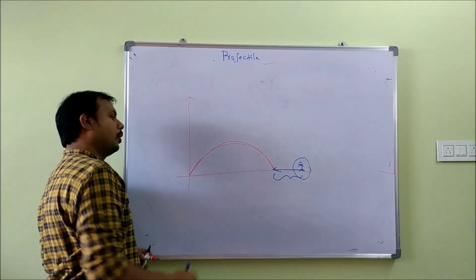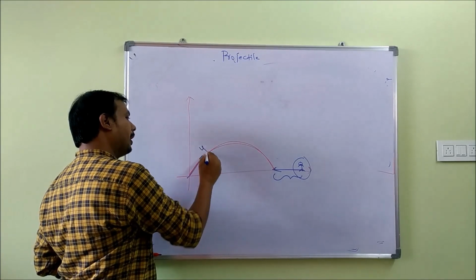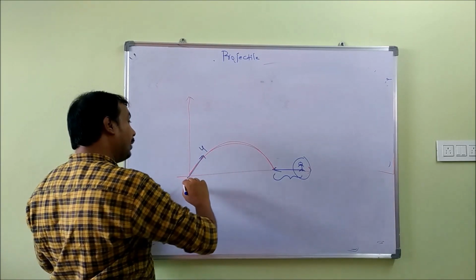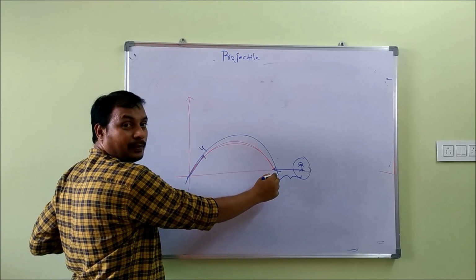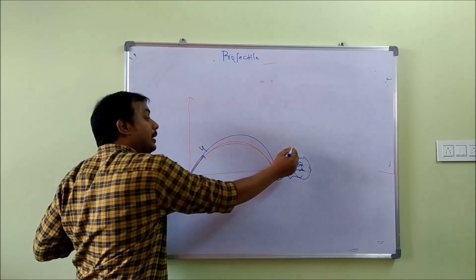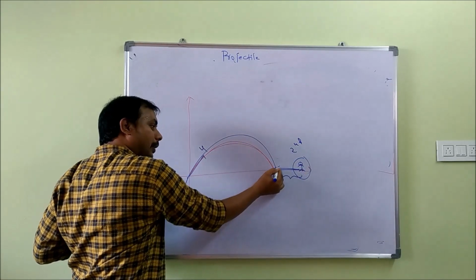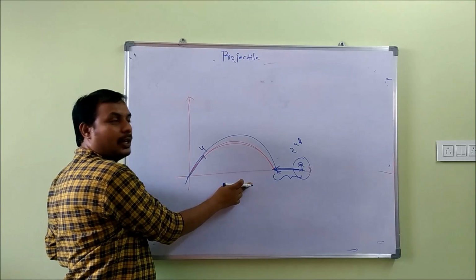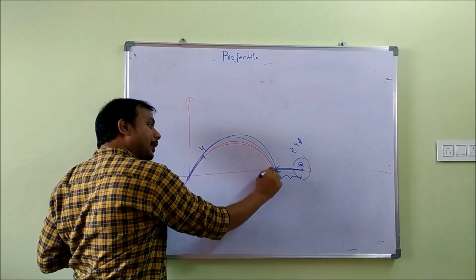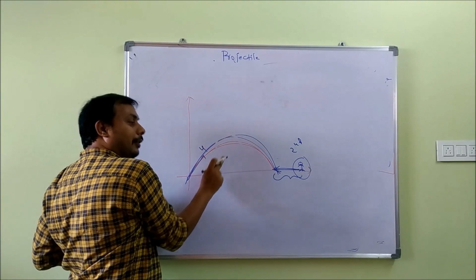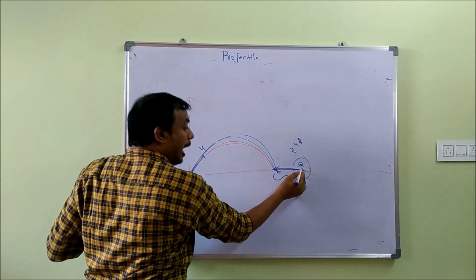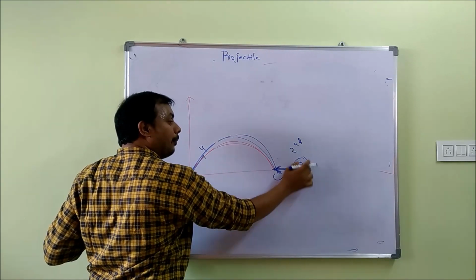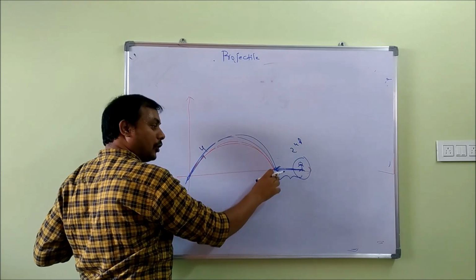In those problems, the velocity of the ball will be given. So you have to calculate the time of flight. The second player has to run towards the ball before it touches the ground, so the time of flight of the ball equals the time covered by the second player before the ball touches the ground.